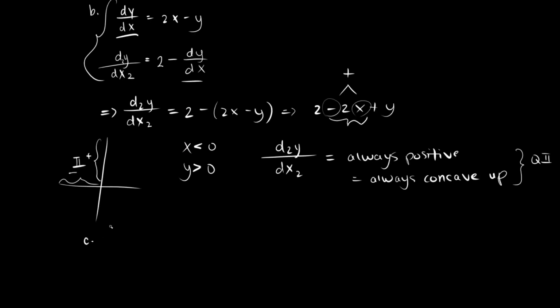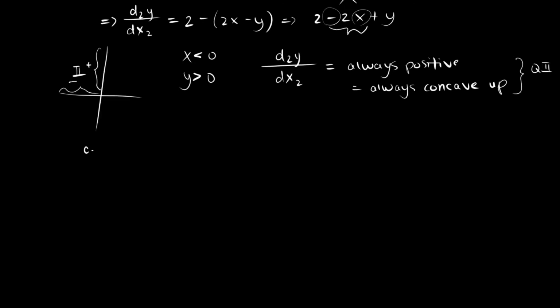So part C, dy dx equals 2x minus y. The point they've given us was to evaluate at 2, 3. So dy dx evaluated at 2, 3 is 4 minus 3 equals 1.